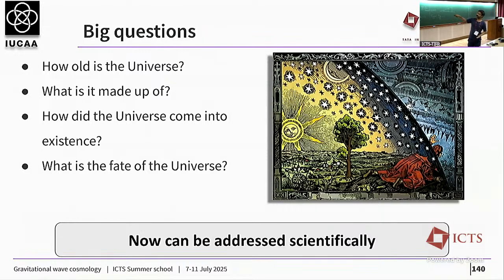What is it made up of? You can use these distance measurements as a function of redshift to figure out what are the constituents of the universe. So this was famously done with type 1a supernovae and is being done with baryon acoustic oscillations as well. We saw how gravitational wave events can contribute to learning about some of these things.